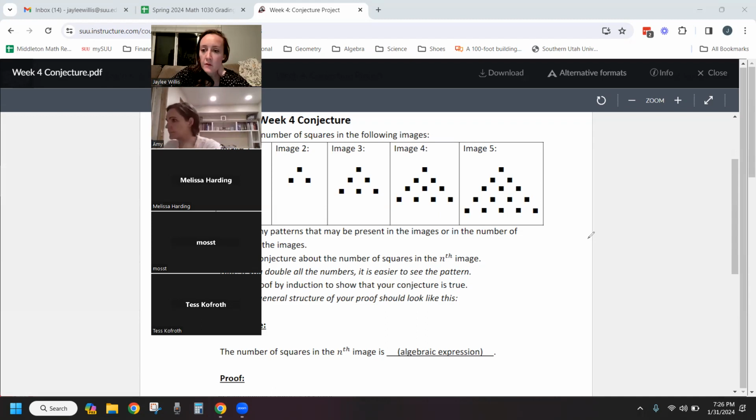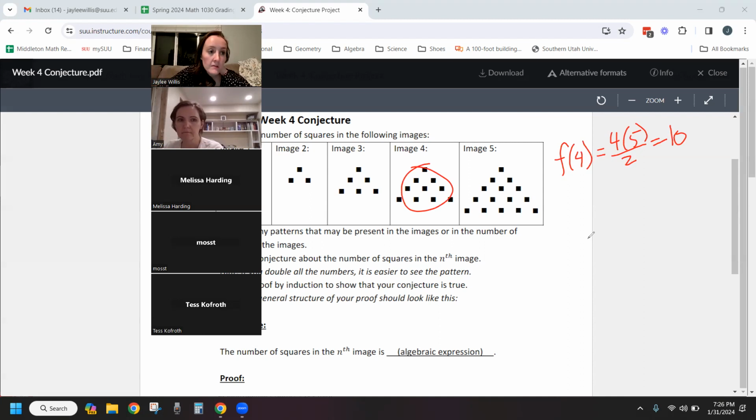Maybe for the 4th one, I'll say f of 4 equals 4 times 4 plus 1, which is 5, divided by 2. That gives us 10 because you get 20 divided by 2. And if you count up the squares in image 4, there are 10 of them.